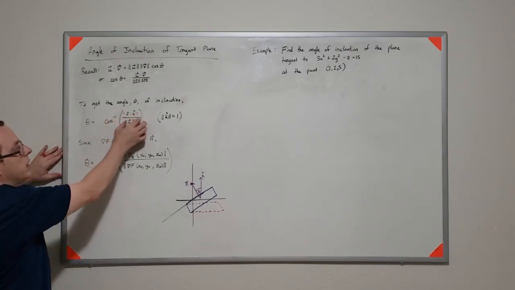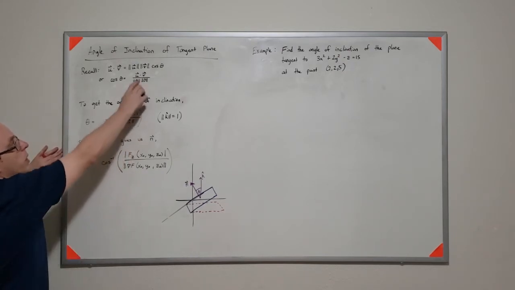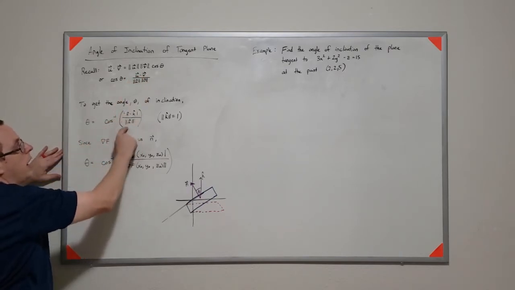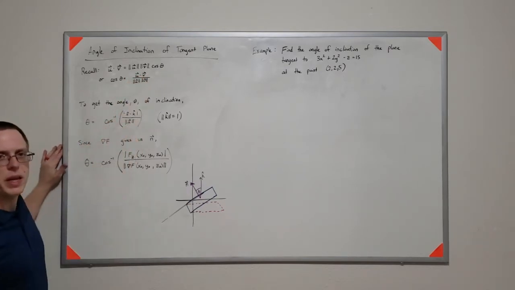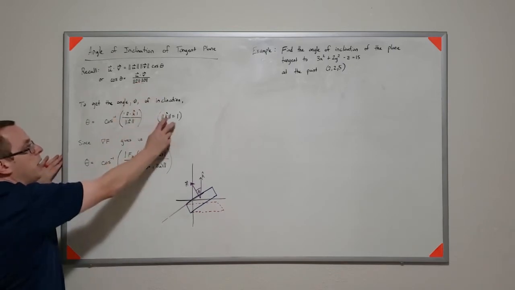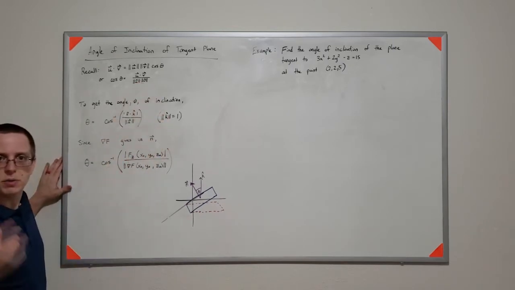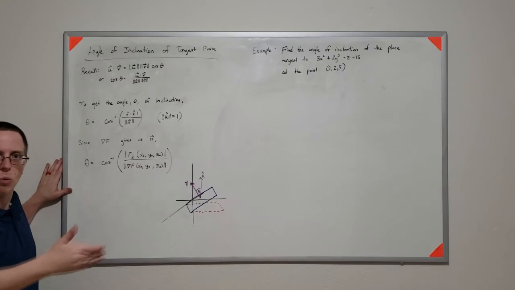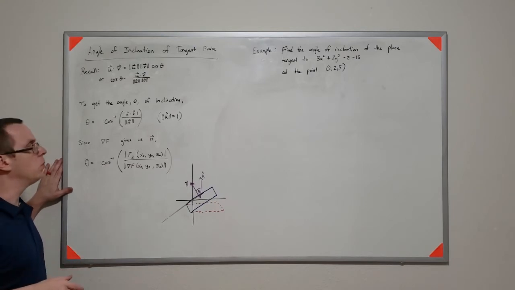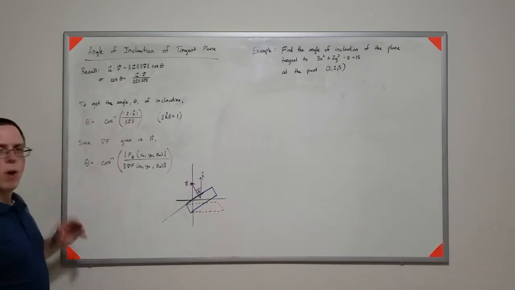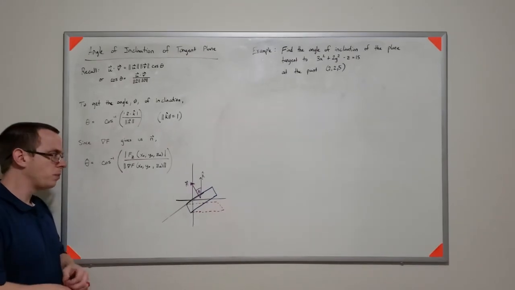So if I take this over, that's like u dot v, n dot k, divided by the magnitude of n. Now you might say, well, why not the magnitude of k? And the answer is because the magnitude of k is 1, right? It's 0, 0, 1, so the magnitude is equal to 1. And you might ask, well, why do I have an absolute value?